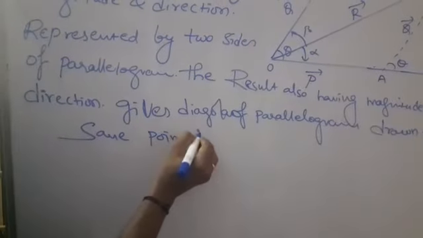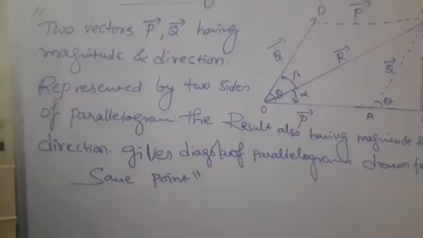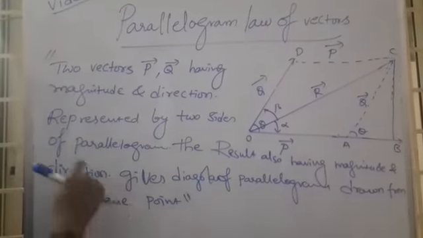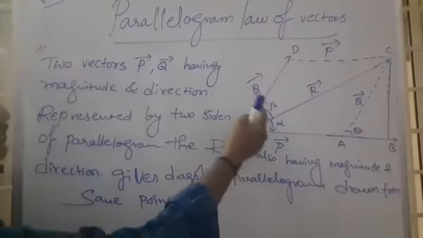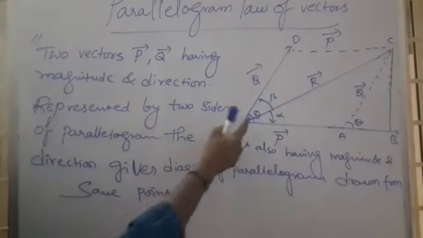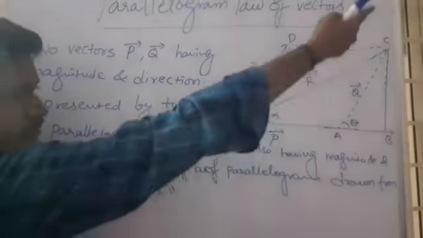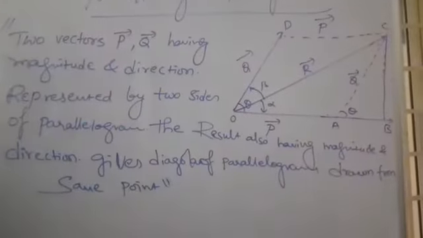So this is the statement of the parallelogram law of vector addition. Two vectors P bar and Q bar having magnitude and direction are represented by two sides of the parallelogram. The resultant is given by the diagonal of the parallelogram drawn from the same point.